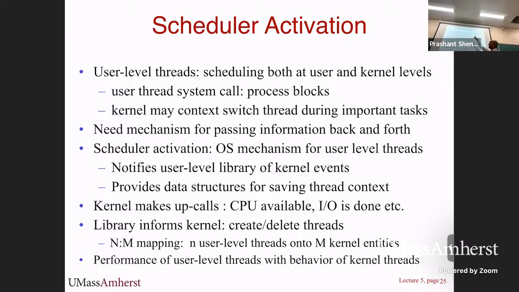That technique is called scheduler activation. So the kernel notifies the user level threads of the event, the user level threads library notifies the kernel about the presence of the multiple threads, and so on. There is information flowing back and forth that allows your user level threads to acquire similar properties as if they were kernel level, because you are now informing the OS about the presence of these threads.